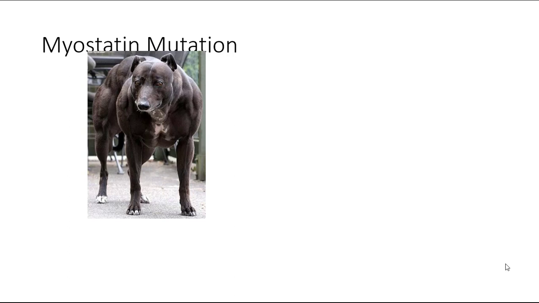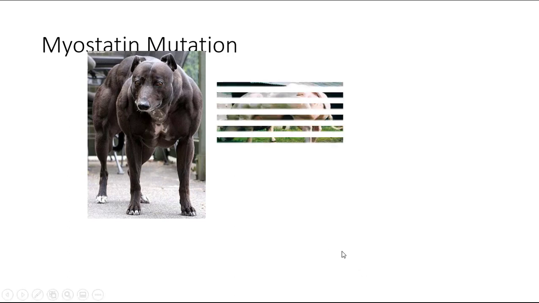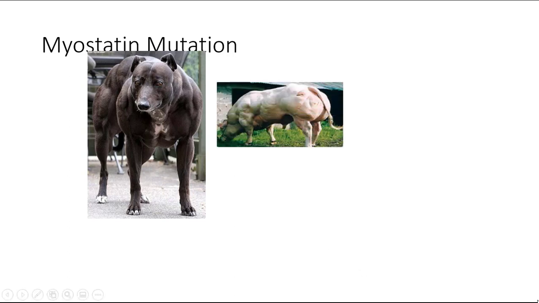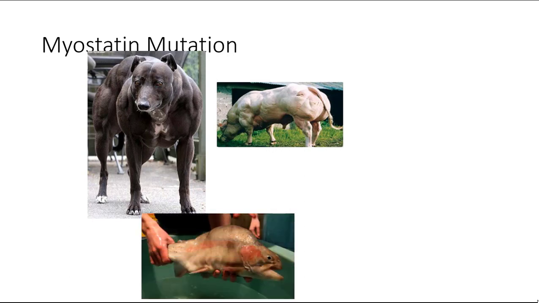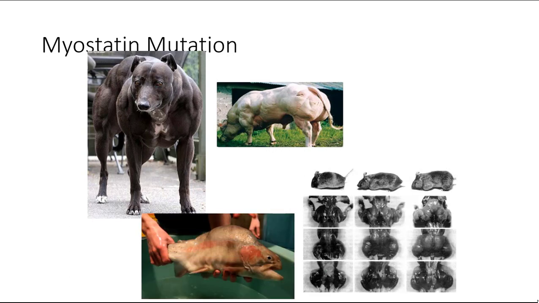This dog has myostatin mutation, so it looks like Hulk, right? And the cow, we call Belgian Blue, right? It has myostatin mutation also, so it has a lot of muscle mass. Even fish, even mouse, so mighty mouse.